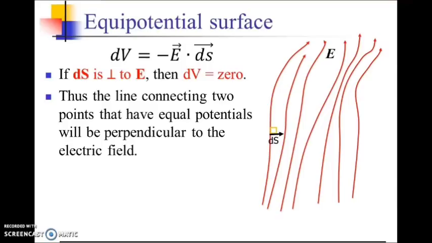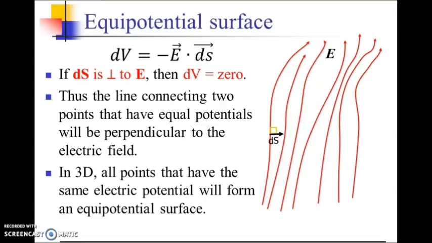Now, however, this picture is a simplified two-dimensional picture. In reality, of course, we need to deal with 3D electric fields. So let's say that we have a three-dimensional electric field, and then instead of a line on which the potential is the same, the equipotential line, we now have an equipotential surface.